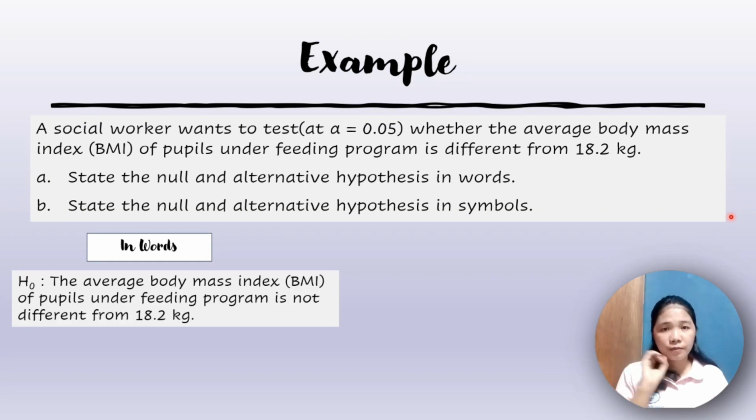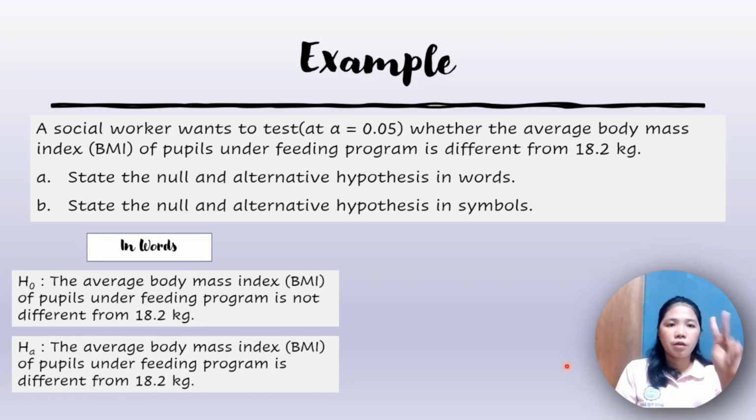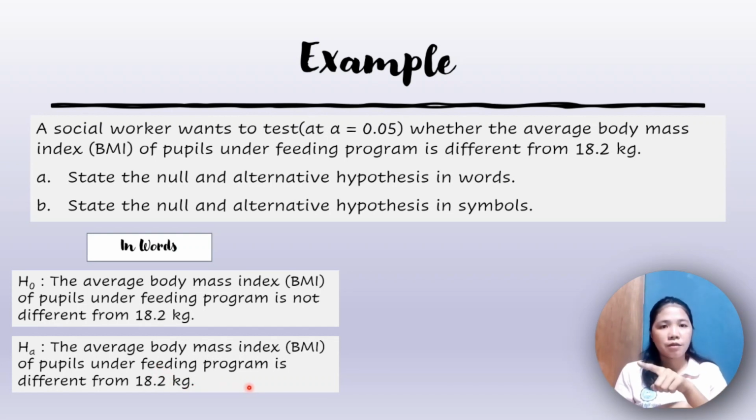In words, the null hypothesis here is the average body mass index, or BMI, of pupils under a feeding program is not different from 18.2 kilograms. While the alternative hypothesis is the negation of the null hypothesis, which is actually the claim in the given example: the average BMI of pupils under a feeding program is different from 18.2 kilograms.